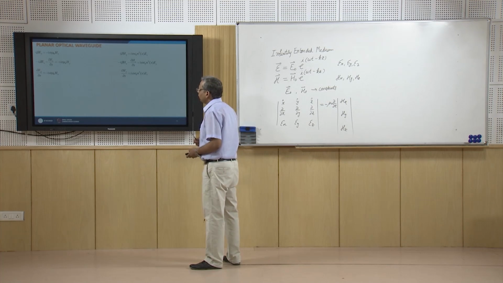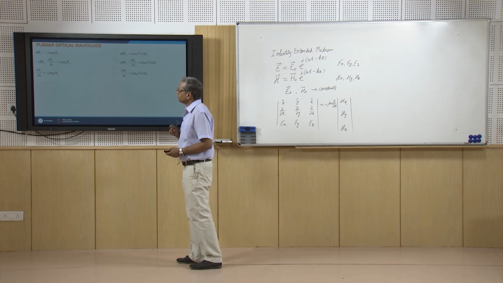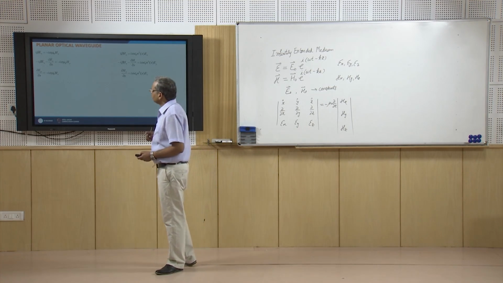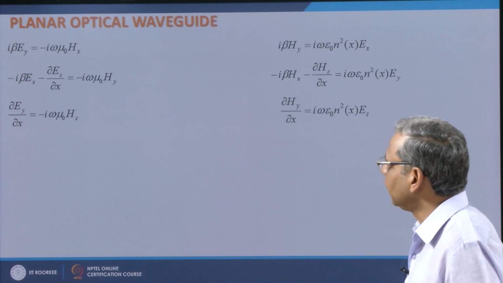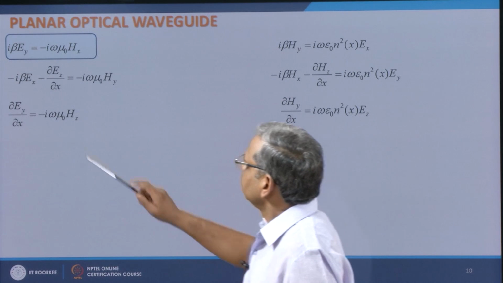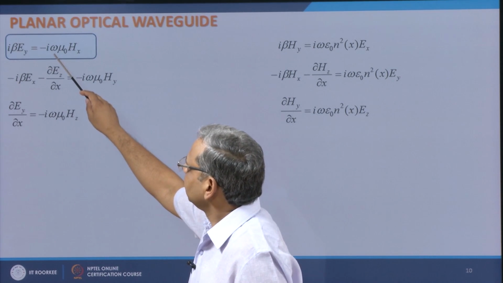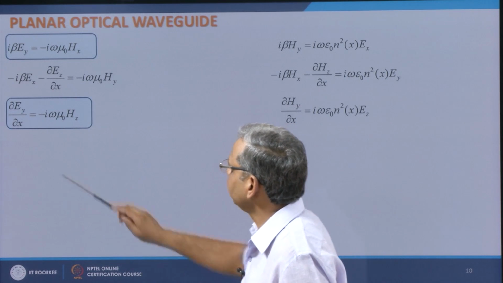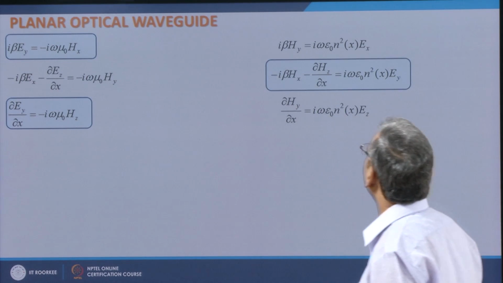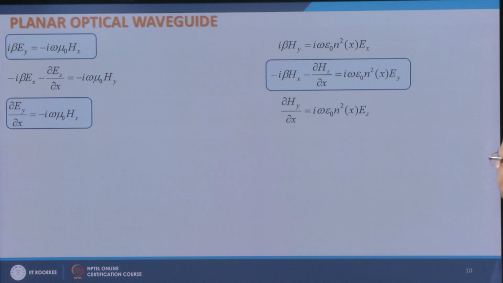What I find is that the equations which have Ey non-zero and Ex 0 are this one, this one and this one. Okay.